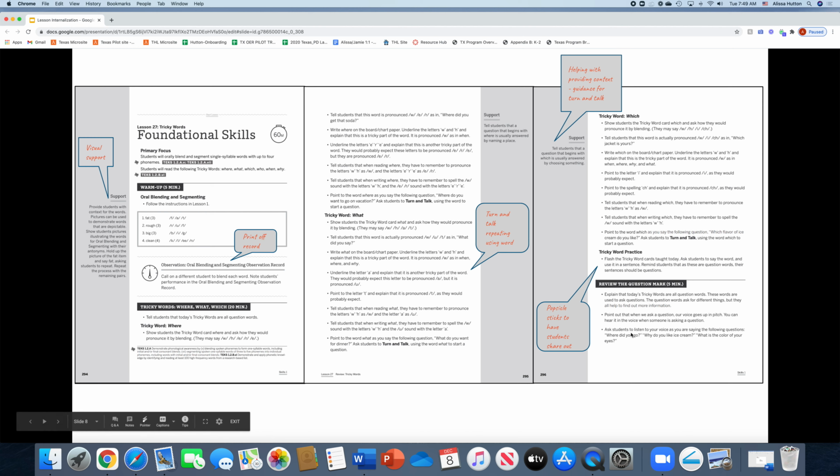So as you can see, I'm just going to walk you through some of my annotations. These sidebar supports are fantastic and really important to be reading through. It's providing you with ways that you can give additional support to students as you're working through the lesson, making sure that all students have access and are successful with this grade level material. So I just made a note here that this is important for visual support.